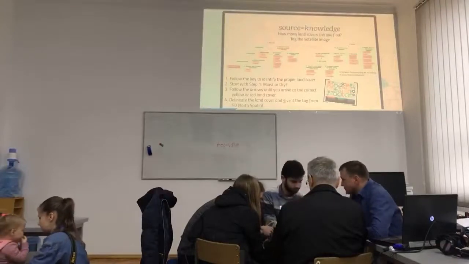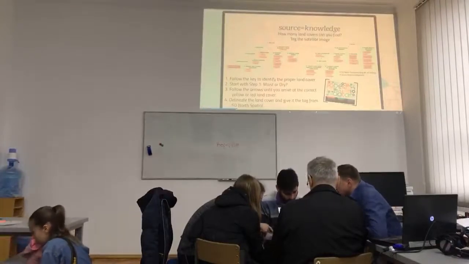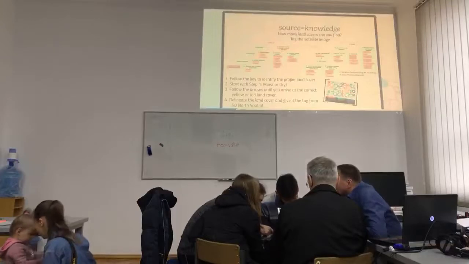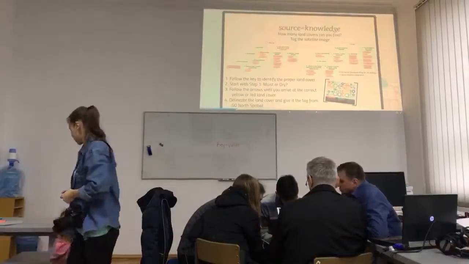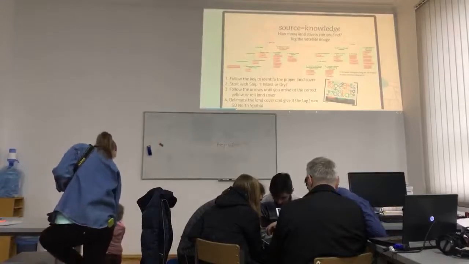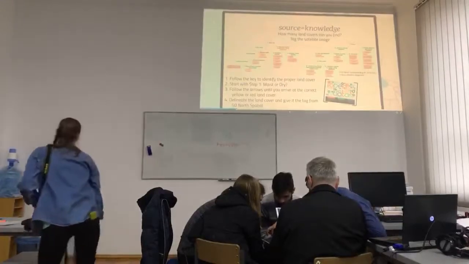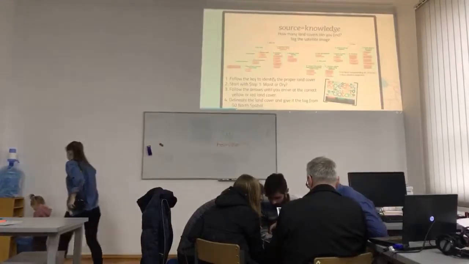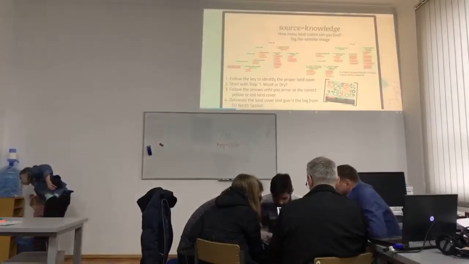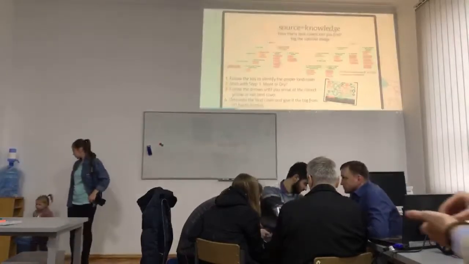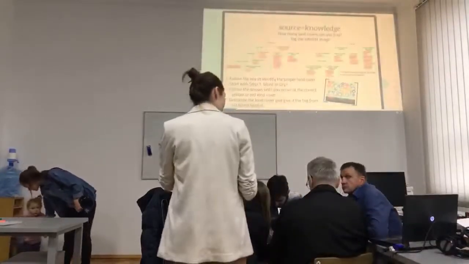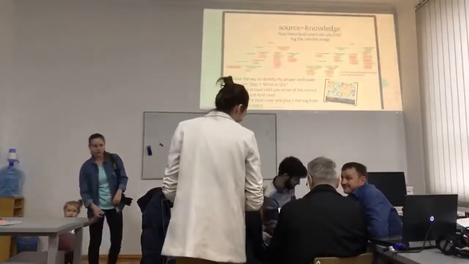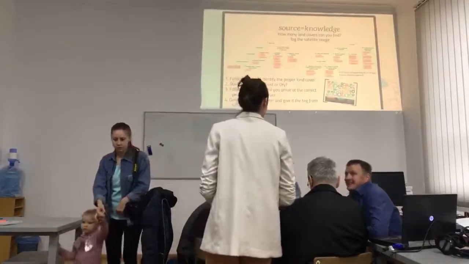You could also just leave it as a question mark, because it would mean you have to go and validate it. Yeah. Okay. Maybe. I think so. It looks good.